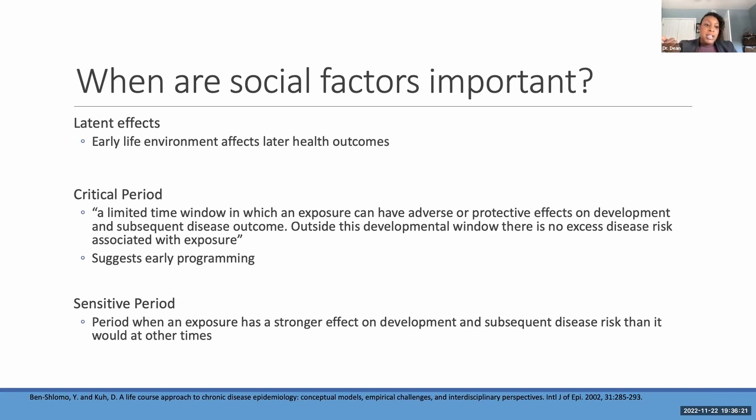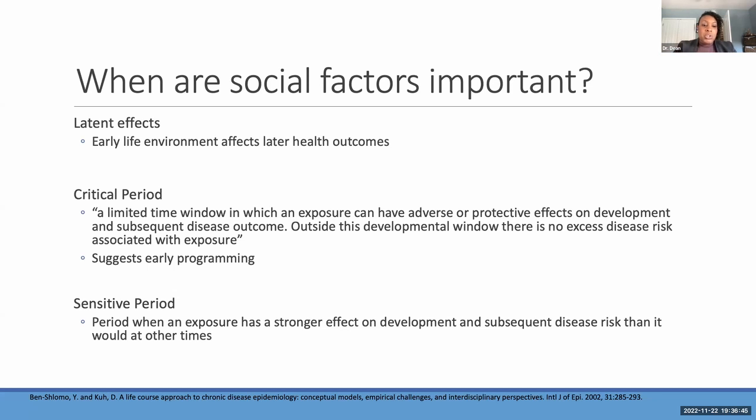So latent effects is the example that an early life environment affects later health outcomes. A critical period would be a window in which, when you're exposed to something, adverse or protective, that could affect development and disease outcome later. But if you do something outside of that window, there's no excess disease risk associated with exposure. Or there's also something that we call a sensitive period.